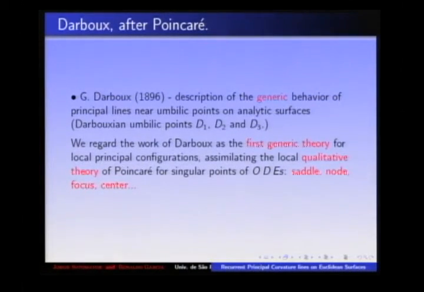Darboux's contribution can be said to be a description of the generic behavior of principal lines near the generic umbilic points on analytic surfaces. And these generic types fit into three categories: D1 that I drew here, D2 that I will show right now, and D3. So there are three types of generic umbilic points for any surface, without constraints.